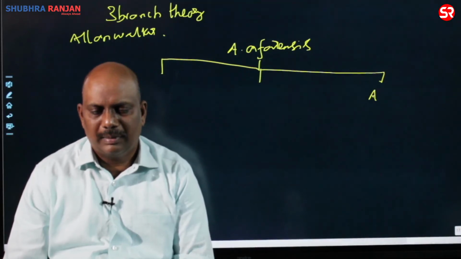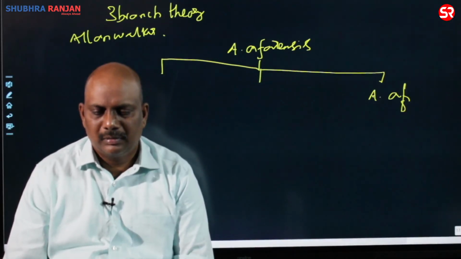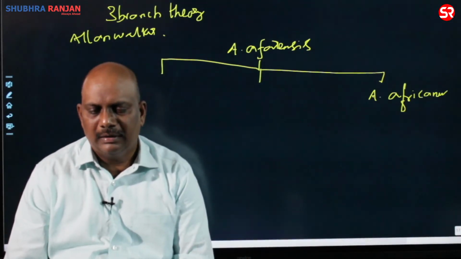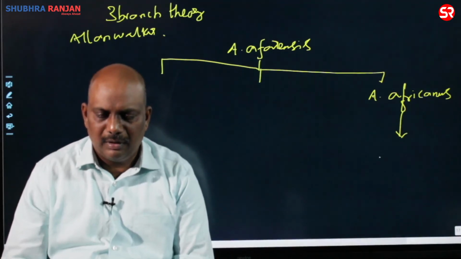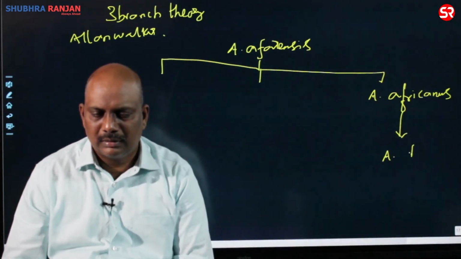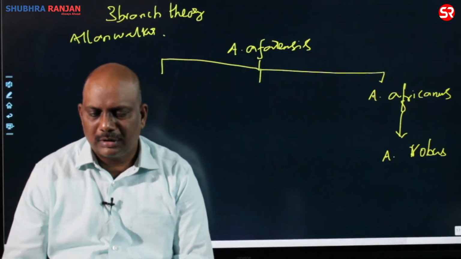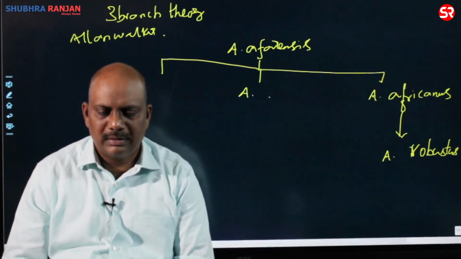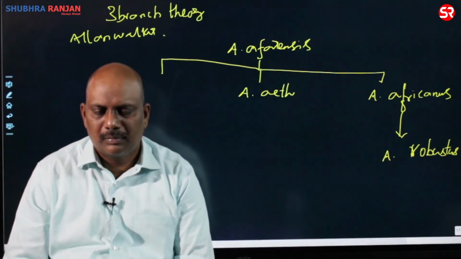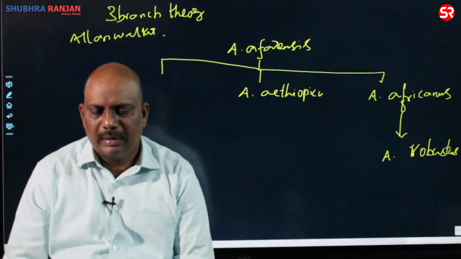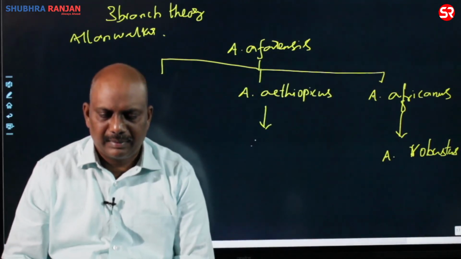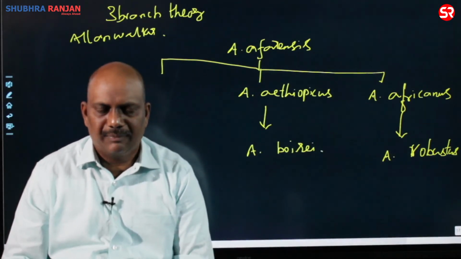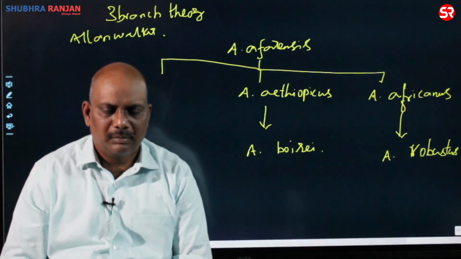One is Australopithecus africanus, which evolved into Australopithecus robustus. And the newly discovered fossil, Australopithecus ethiopicus, which evolved into Boisei and our Homo line.